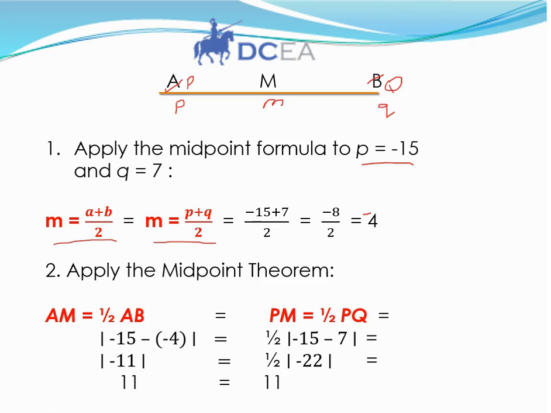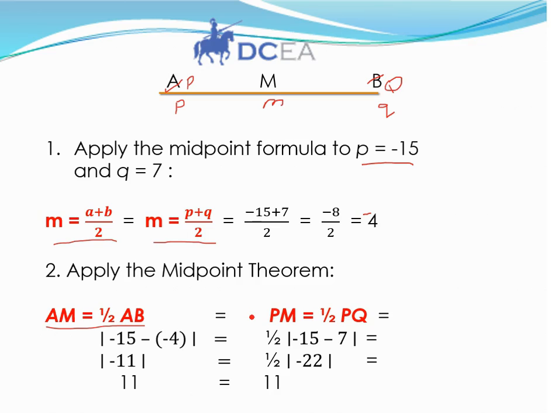Now they asked us to apply the midpoint theorem. So this is the formula for the midpoint theorem, and I'm changing this formula to match what we have here on our number line. So instead of AM, we have PM. And note, this is half of the segment. So PM equals half of the total segment PQ.